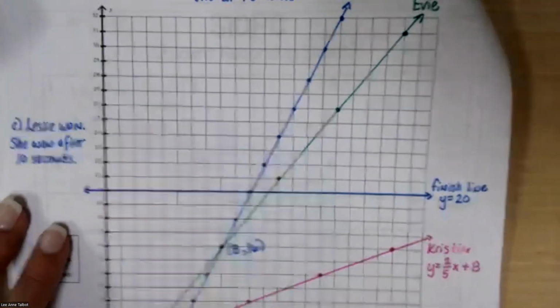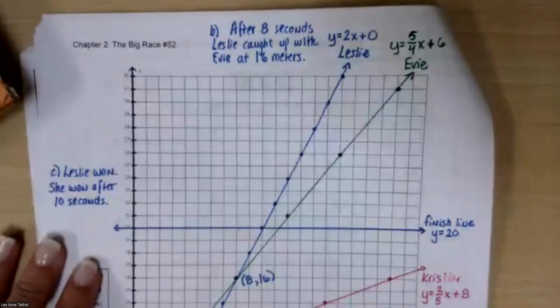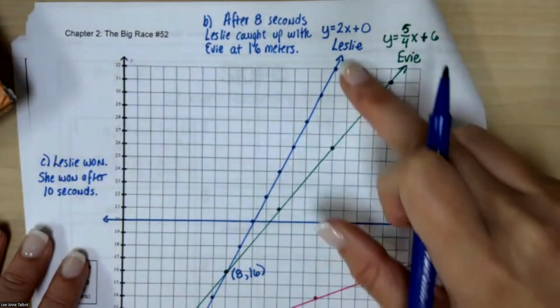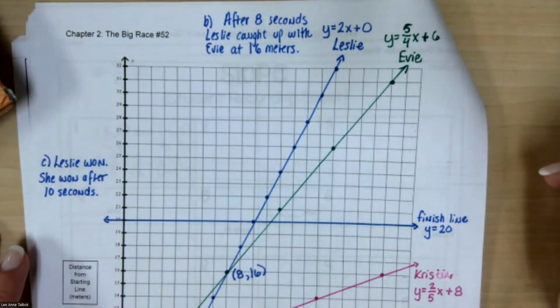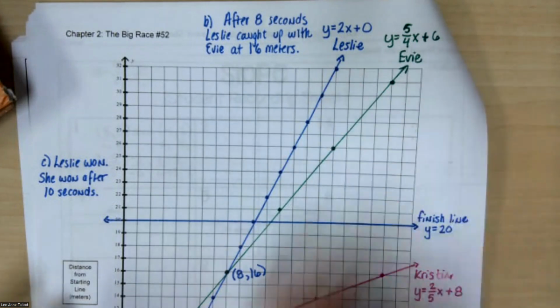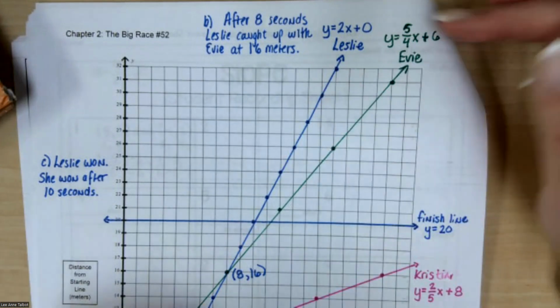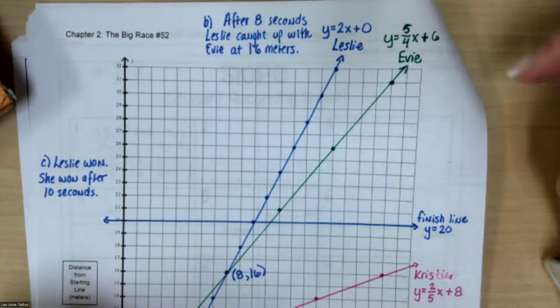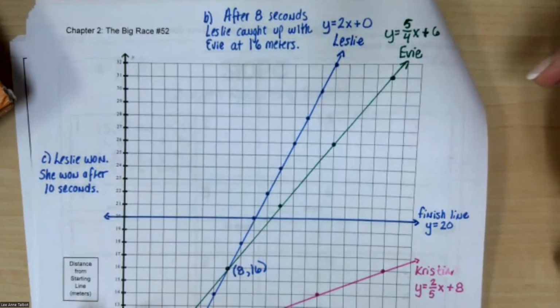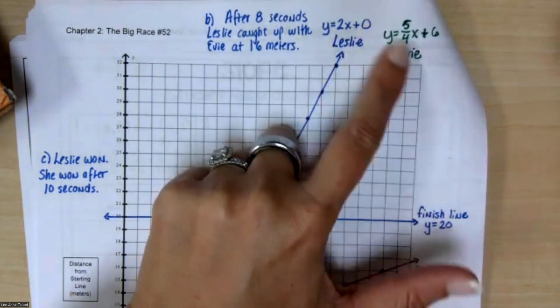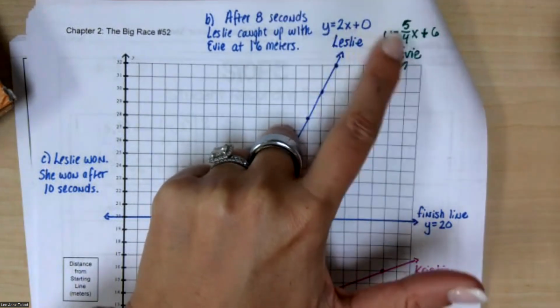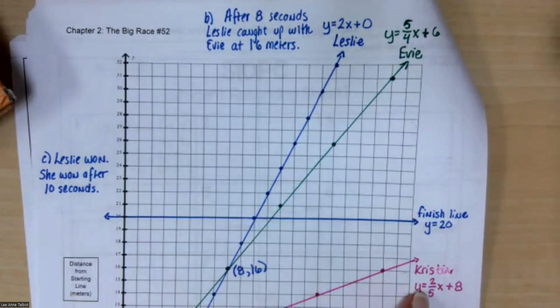I kind of spoiled the second part of this question. How can you tell from the equations who's going to win? You can tell from the lines because of the steepness. Which one of the pieces of the equations is the steepness? Yeah, the slope, right? The slope is the number right in front of x. 2 is bigger than 5/4 and is bigger than 2/5. So you can tell she's going the fastest.